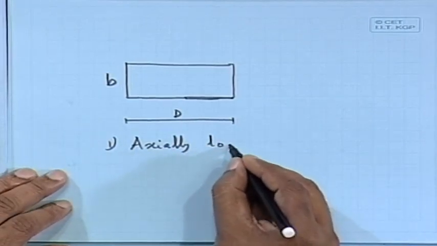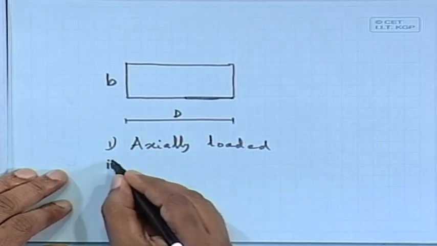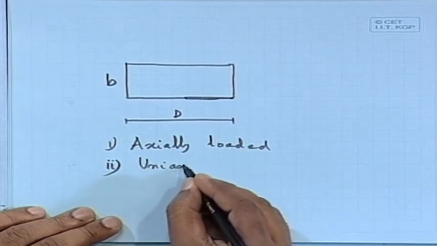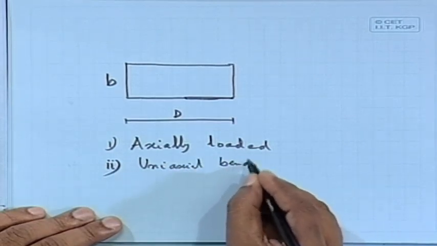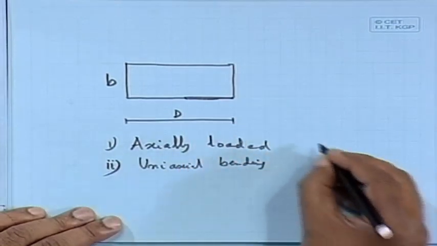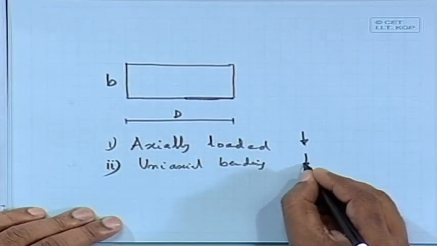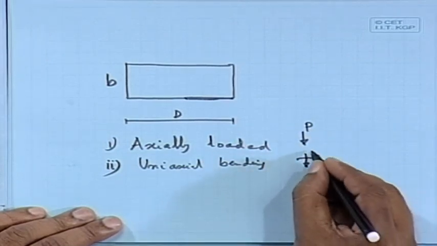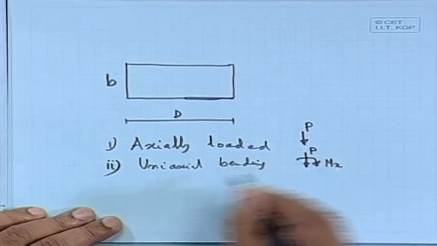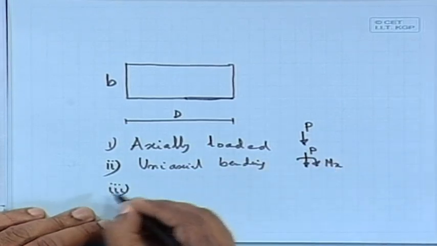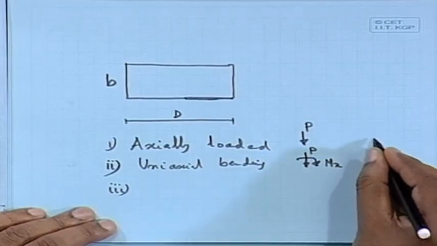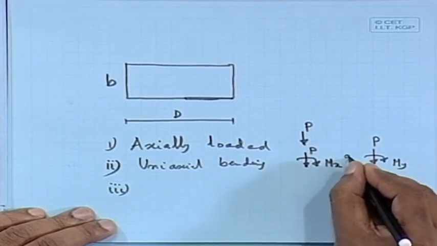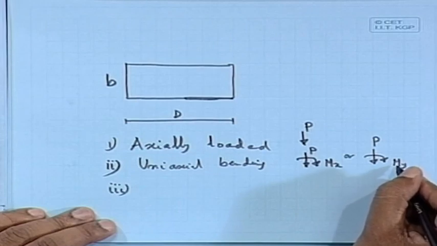So, one is that axially loaded. Number two, we can have what is called uniaxial bending. That means, we are having axial load P and moment Mx. The other one can be P and My, but when we talk about this one, I can always take that one as x.